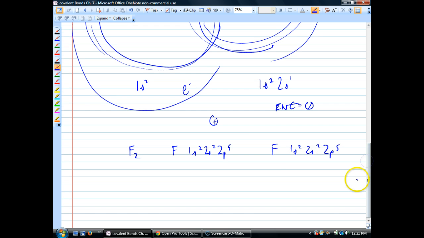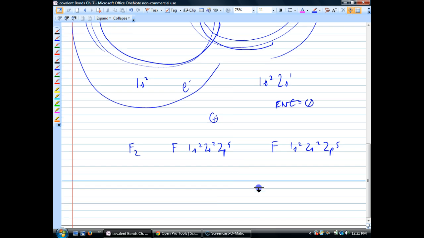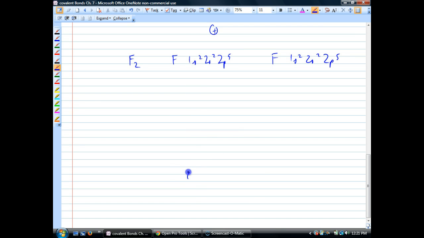When they're separate, if they can share one of these, what would that look like? Let's draw it with orbital filling diagrams. So this is what we have for one. Right? Now if this is one fluorine atom, we could picture another fluorine atom coming along and doing this sort of thing.